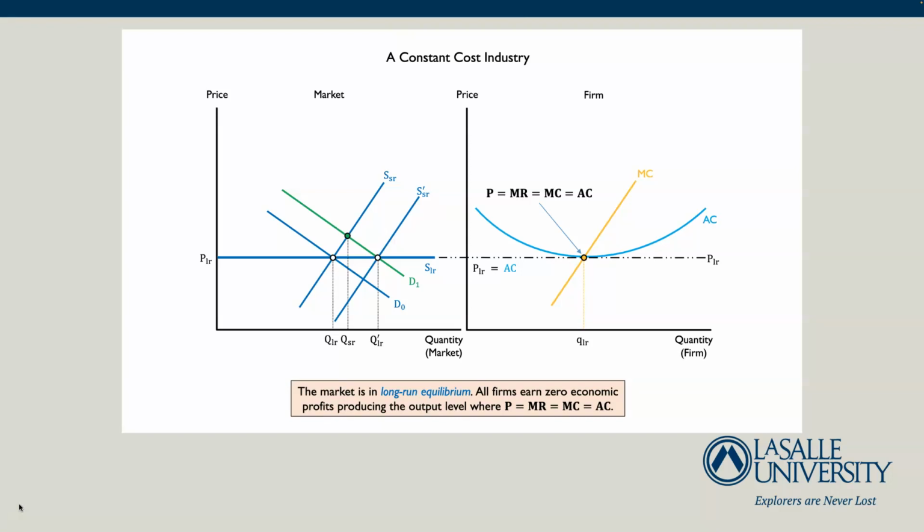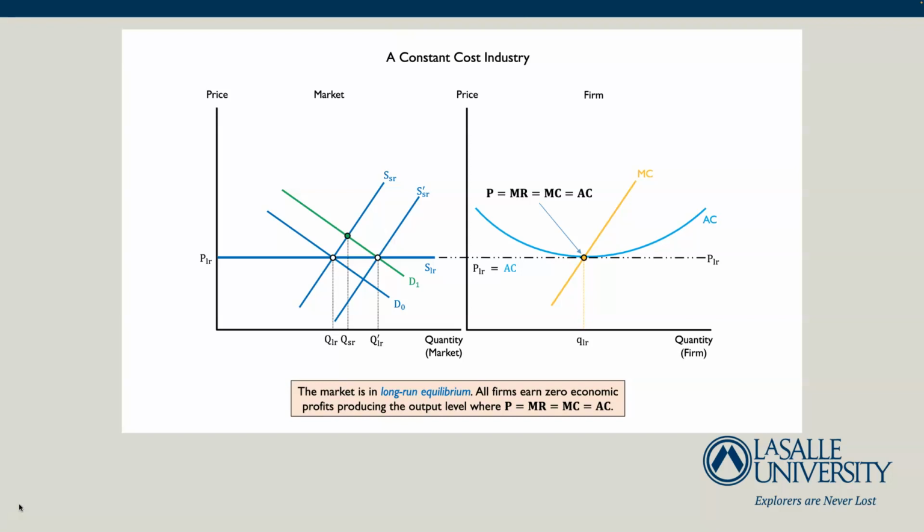And in the long run, under this constant cost industry, where all firms have the exact same cost structure as the one on the right, and we just multiply them by a certain amount to comprise the overall industry supply, all firms end up making zero economic profits. And they produce the output level where price, which is equal to marginal revenue, is set equal to marginal cost, which is also at the minimum of the average cost curve.